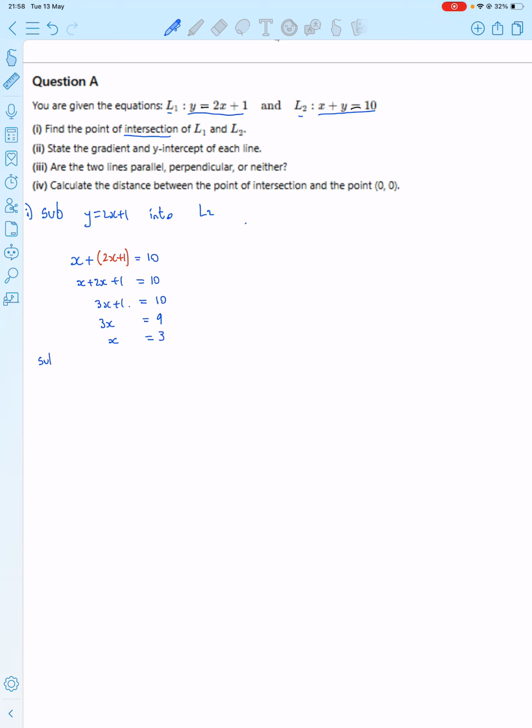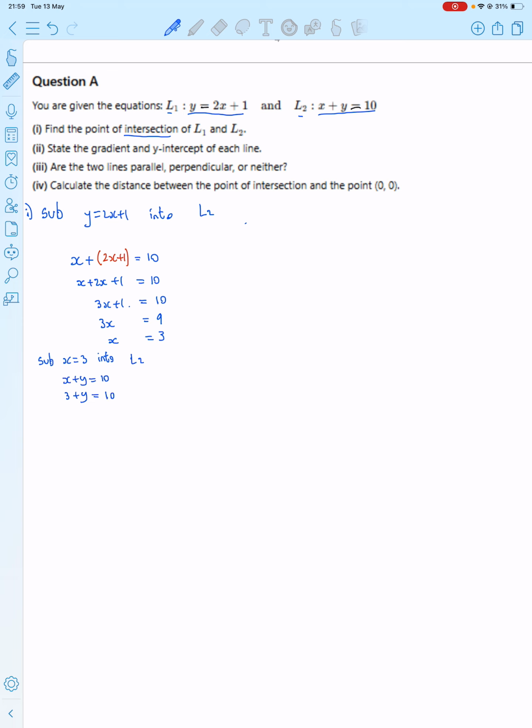So I'm going to sub x equals 3 into, which equation am I going to use? I like the look of L2 better than L1. It seems easier, so I'm going to substitute it there. So into L2, rather than writing x plus y equals 10, I'm going to replace x with 3. 3 plus y equals 10.